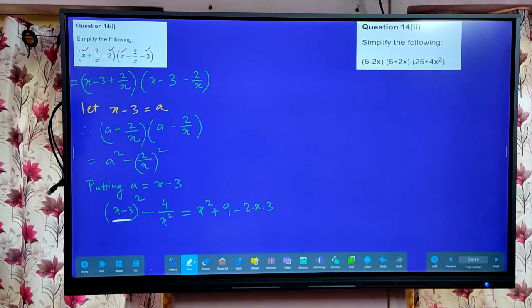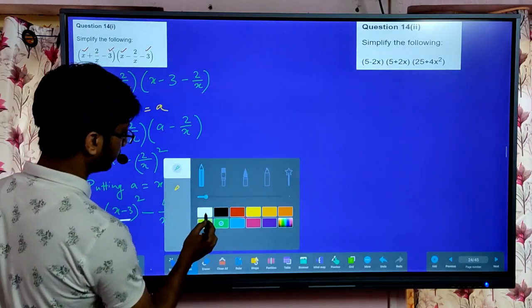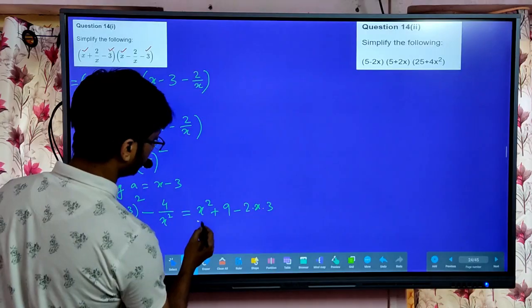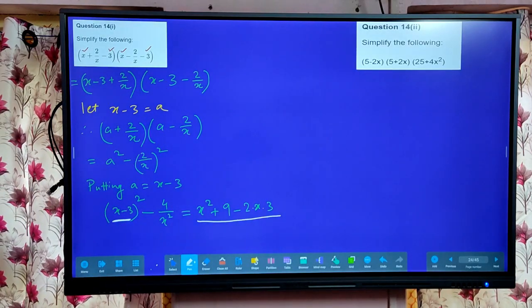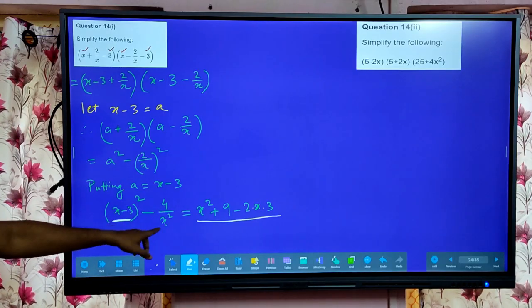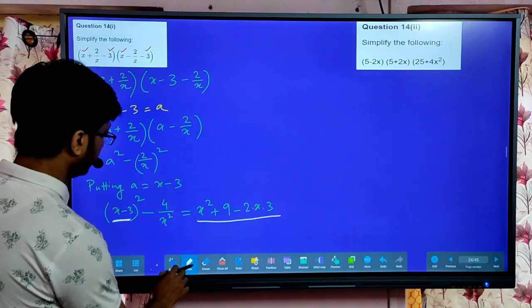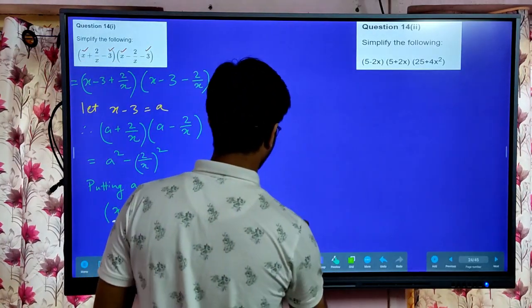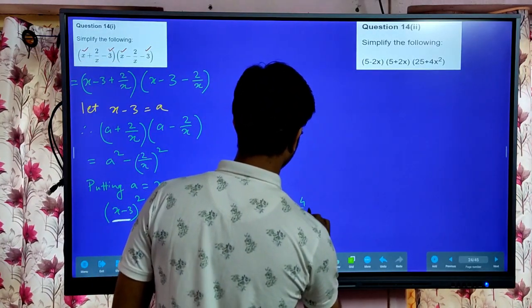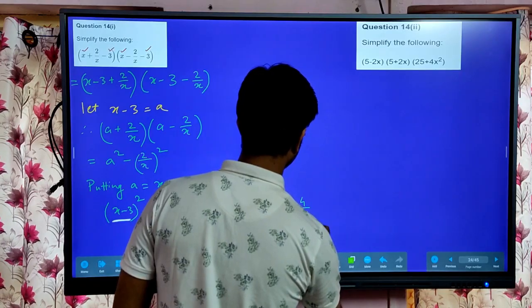See, up to this much is the expansion: a square plus b square minus 2ab. Then minus 4 by x square.